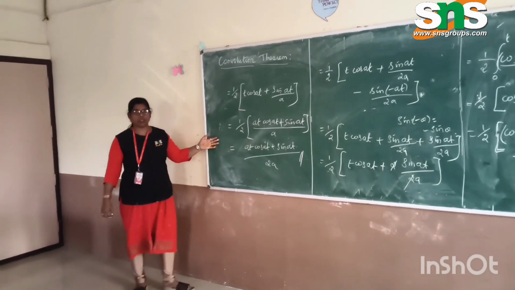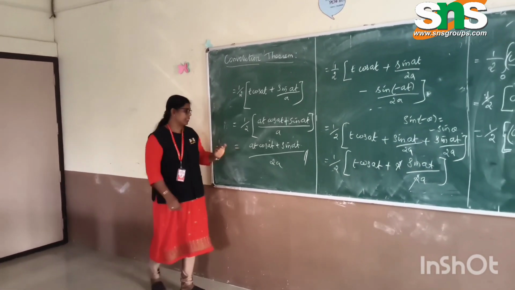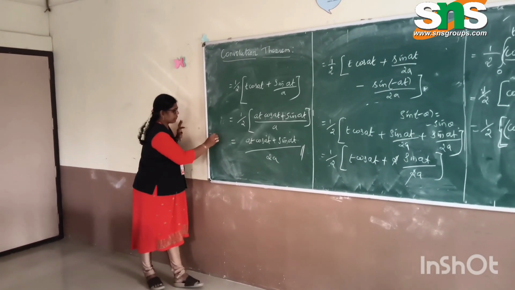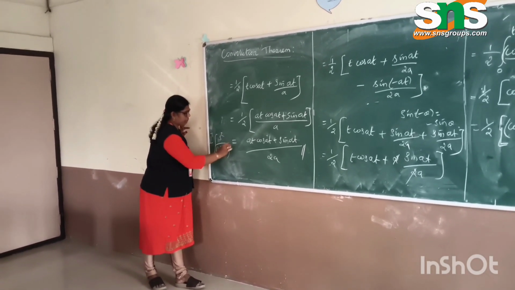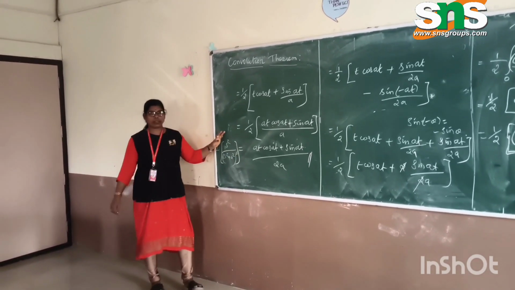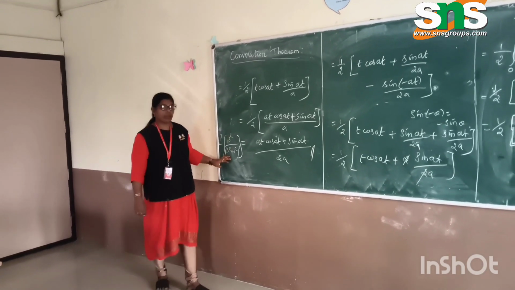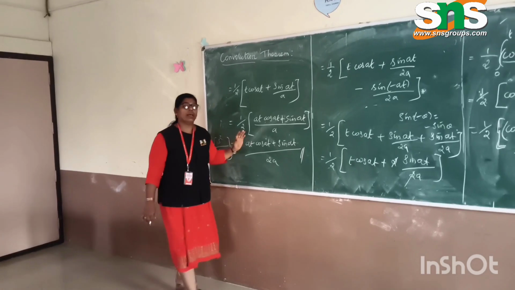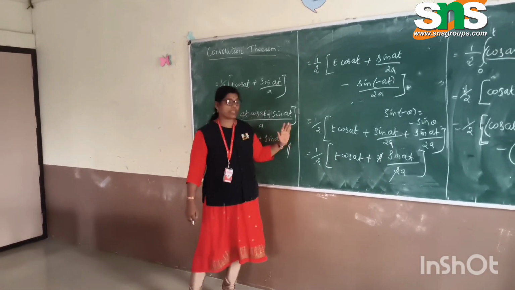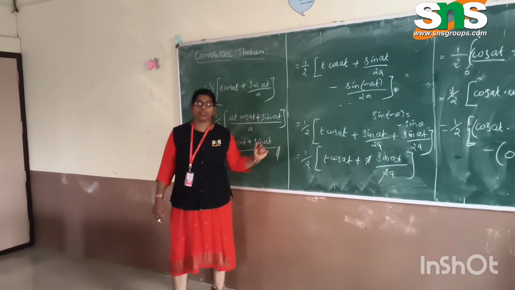By using convolution we found the answer for the left hand side, the inverse Laplace of s square by s square plus a square the whole square, by using the inverse Laplace transform. This is very important for university examinations. Thank you.